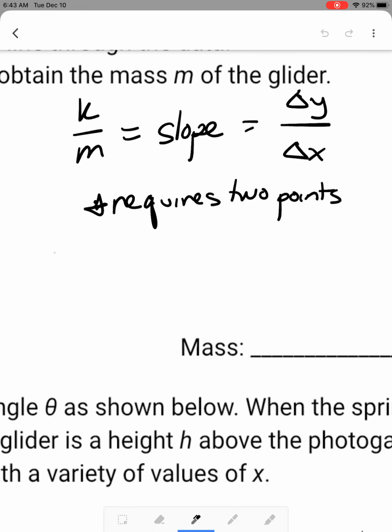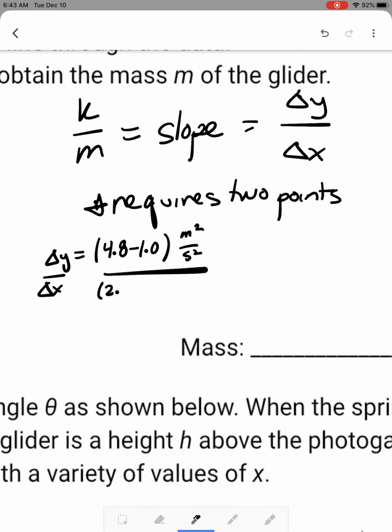I had the change of y is going to be equal to 4.8 minus 1.0, and that's meters squared per second squared, all over the change of x, which is 2.4 minus 0.5, which that's times 10 to the minus 2 meters squared.